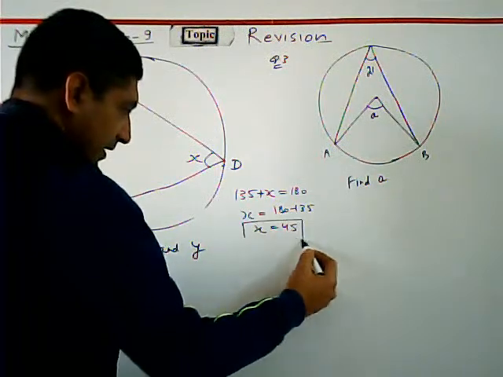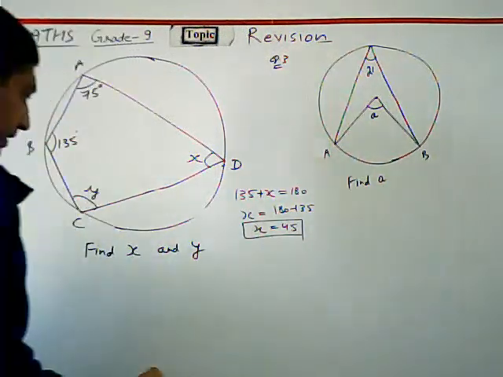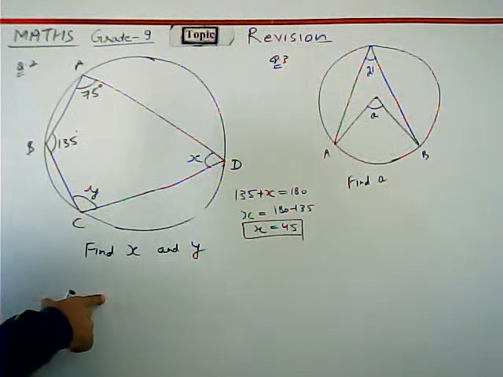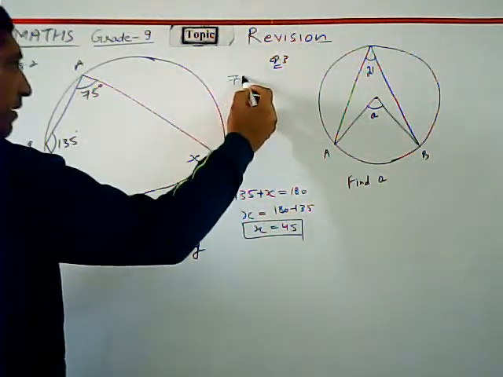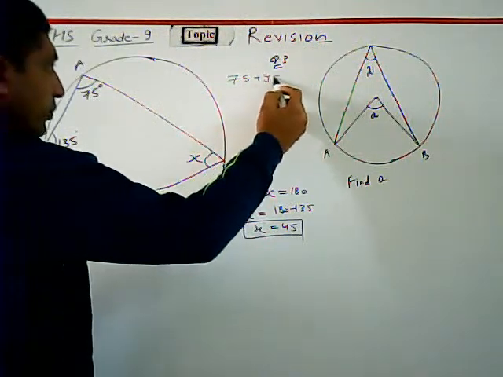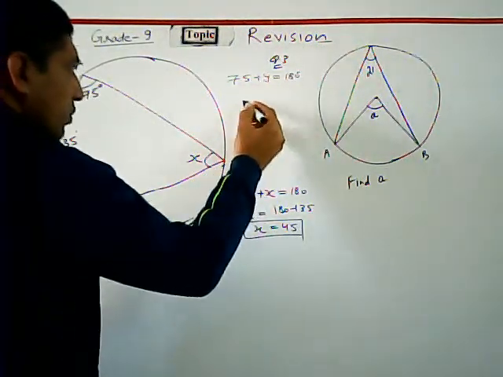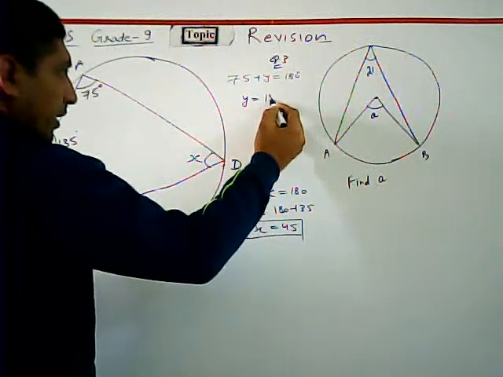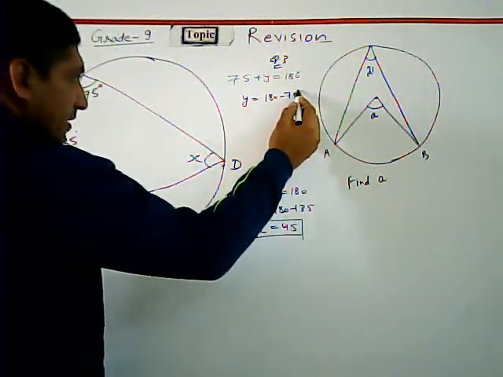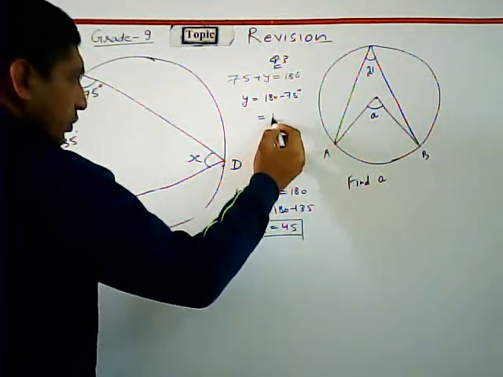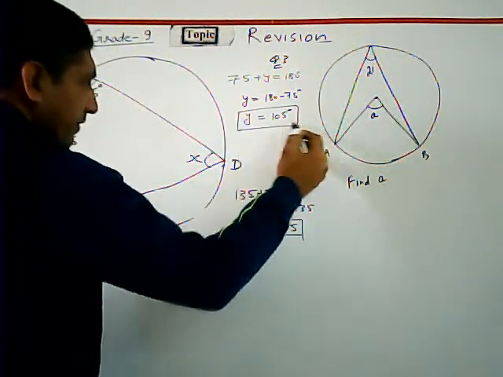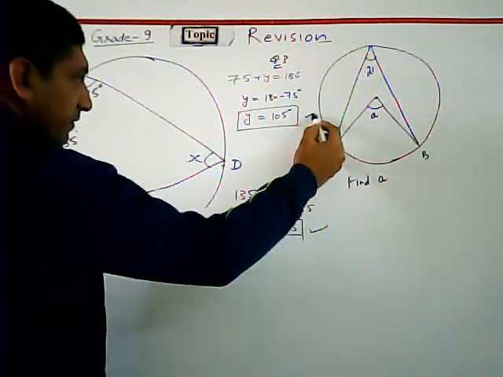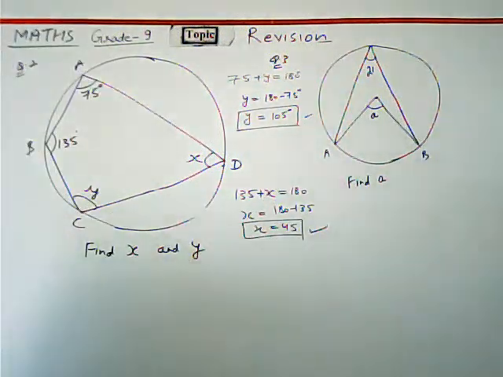What is x? x is 45 degrees. And the same for y: 75 plus y is equal to 180 degrees, so y is 180 minus 75, which is equal to 105 degrees. So y is 105 and x is 45.